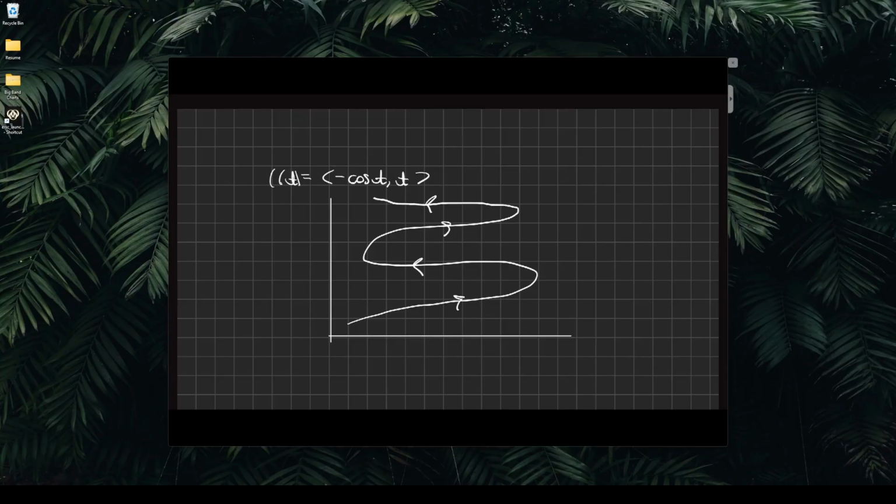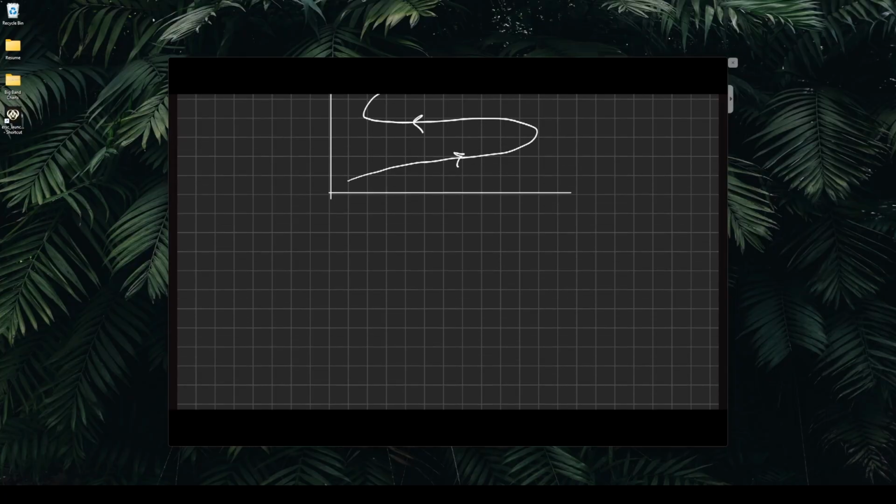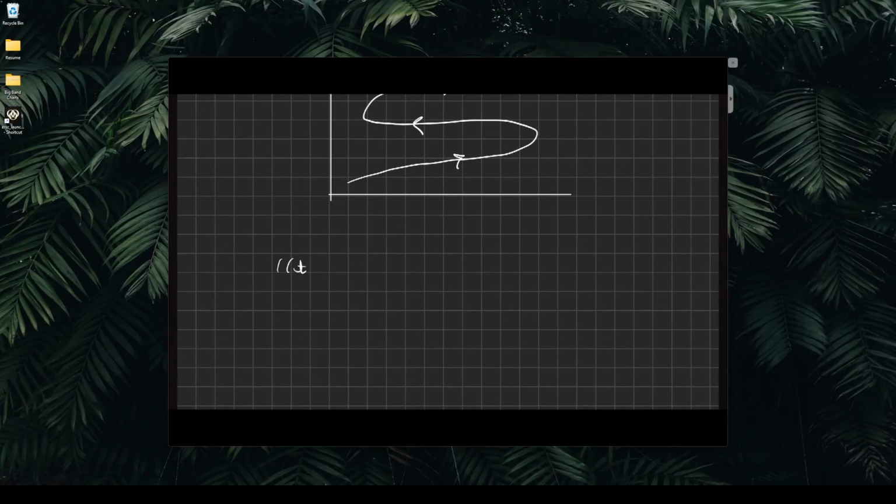Okay. And then the next one that I'll go over is, they give us the equation r of t is sine of pi t and cosine of pi t. So now we should immediately think, okay, we're in R3.